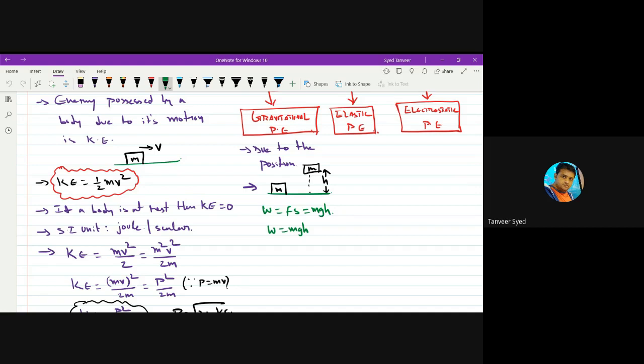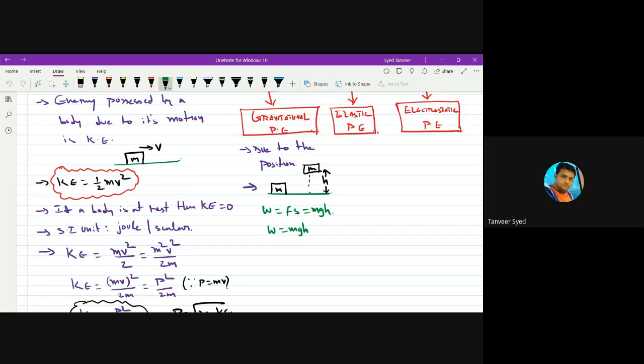Imagine you do this 1,000 or 10,000 times: place a book on the ground, lift it to height h, place it again on the ground, lift it to height h. If you go on doing this 10,000 times, you'll get tired and fall down. But if you just do it once, you'll not feel any difference in your energy level. Still, there is energy being spent by you. So if you are spending energy, where did that energy go?